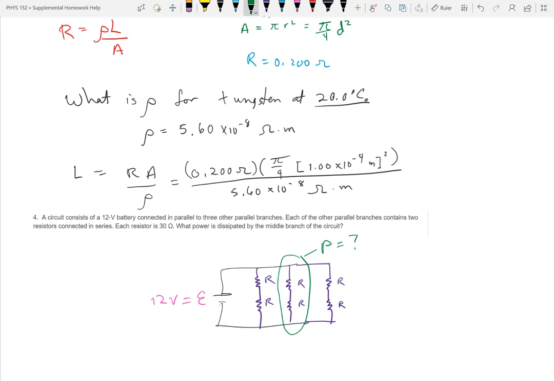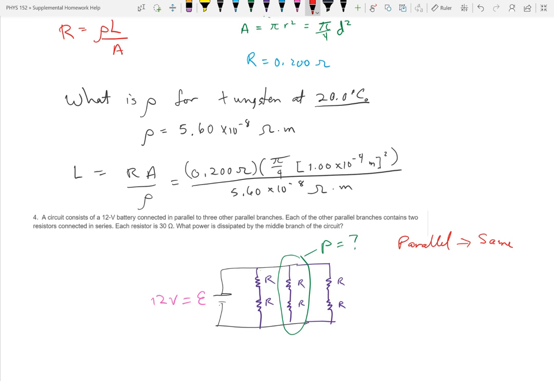Right. A problem like this is mostly given for you to realize the simplicity. These are in parallel, right? If they're in parallel, what's the same? Capacitance?